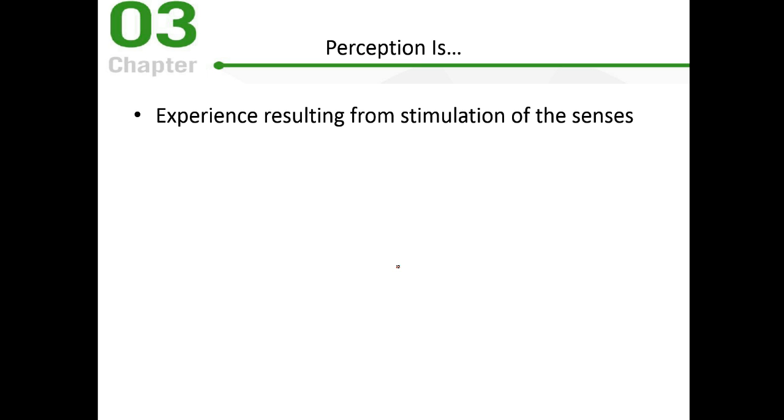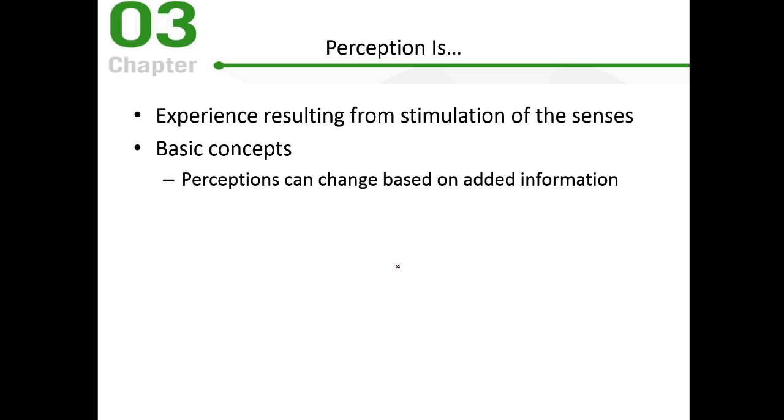Perception is the experience that results from the stimulation of our senses. And so this is a direct continuation of what we talked about in Module 2. A couple of things to note about perception. Perception can change based on added information.